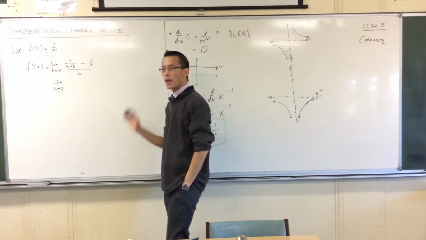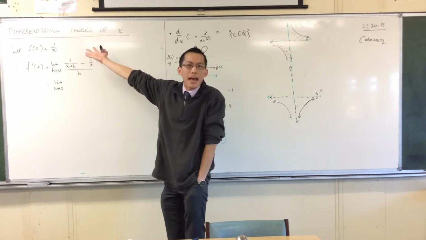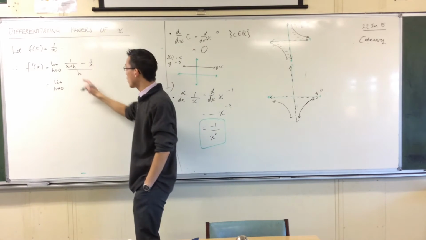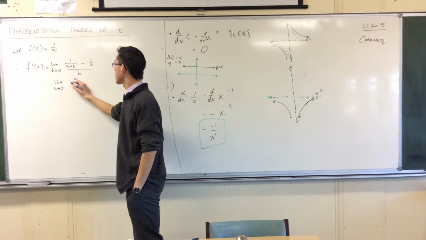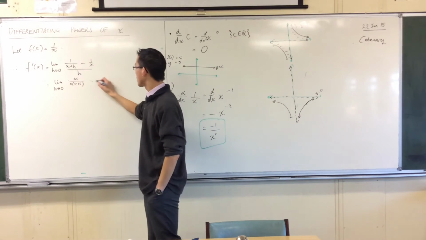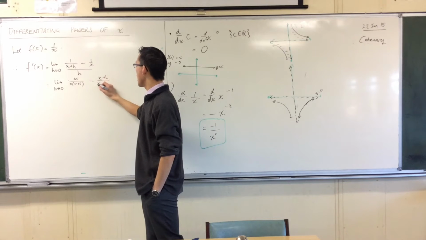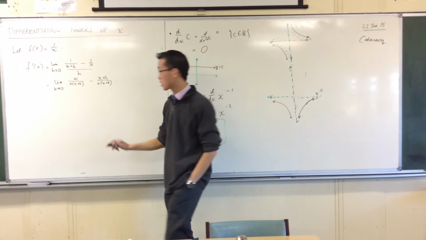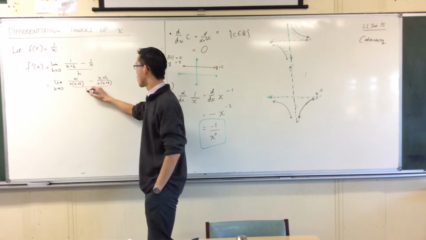What it is going to be is, if I just add that pair of fractions on the top, then this is going to become x on x plus h, and this is going to be x plus h on x plus h. Do you agree with that? Just common denominator business. All over h.